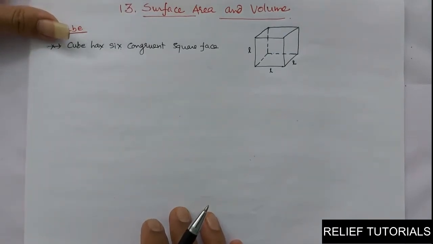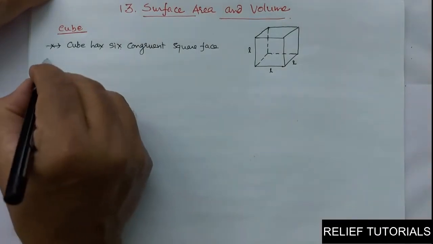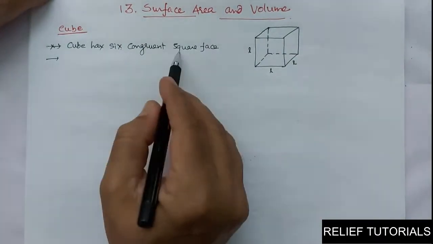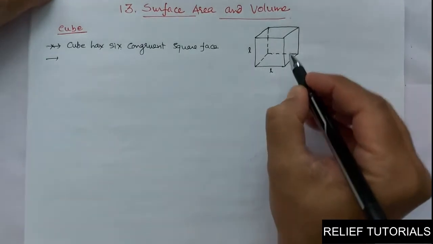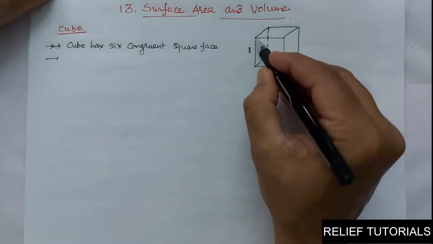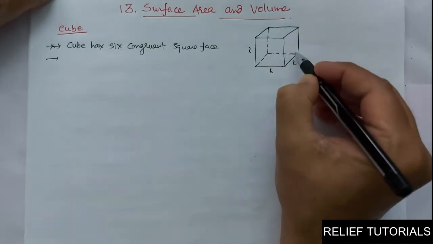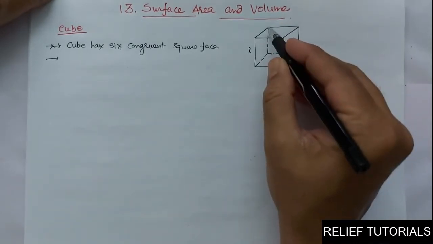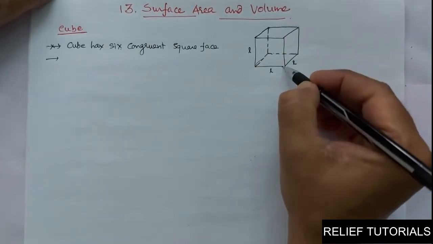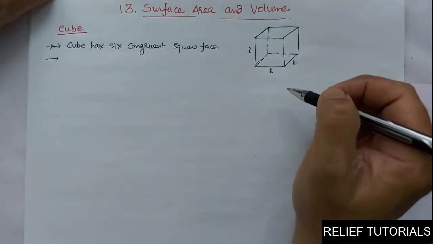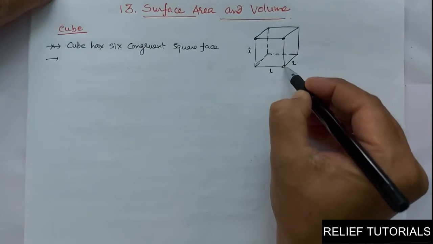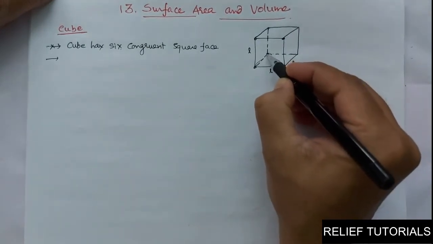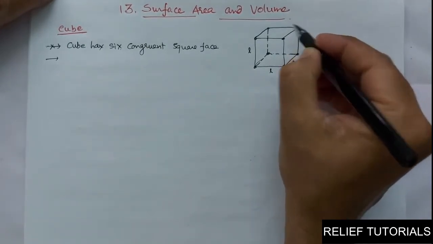So here in the cube we can say it has 6 square faces. Now if you talk about edges, see how many edges it has. Here 4, this also 4, 8, 9, 10, 11, 12. These are called edges. It has 12 edges. And corners: 1, 2, 3, 4, 5, 6, 7, 8.